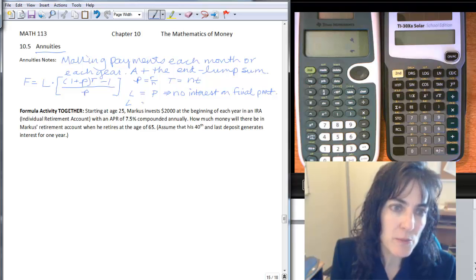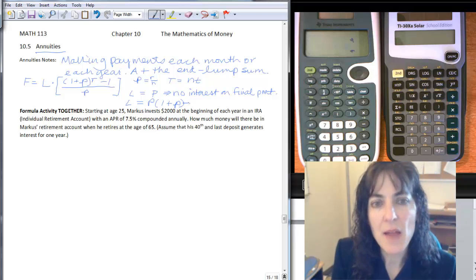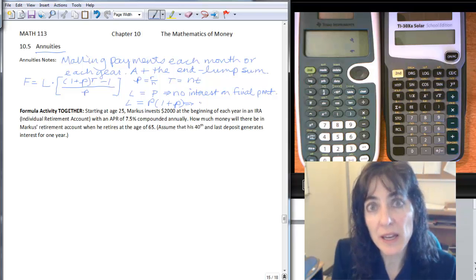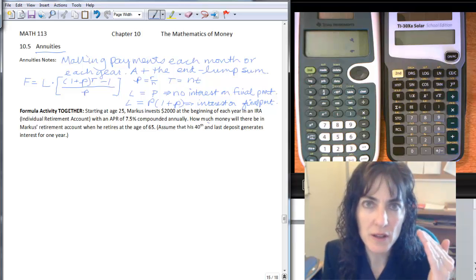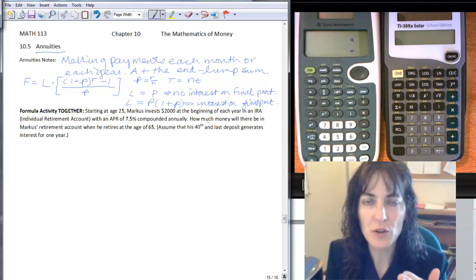And the other possibility is that our L would be P times the quantity 1 plus little p, and that would mean that you're getting interest on the final payment. And an example of that is, say you put money in at the start of every year into your IRA or your savings account for retirement.